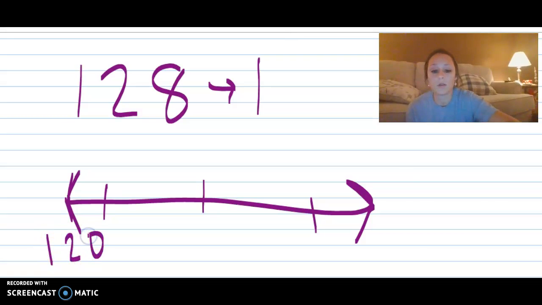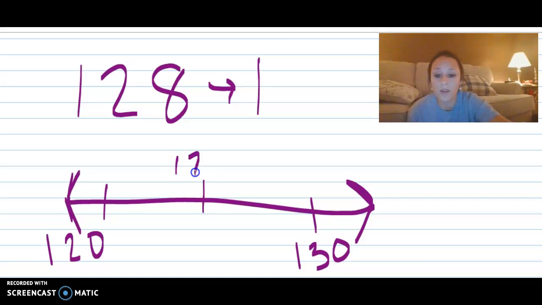120, 130. Go ahead and write that on your scrap paper. I want you to fill in the missing number for me. Did you write 125? Awesome. Now 128, we have to decide, is that less than 125 or is it greater than 125?